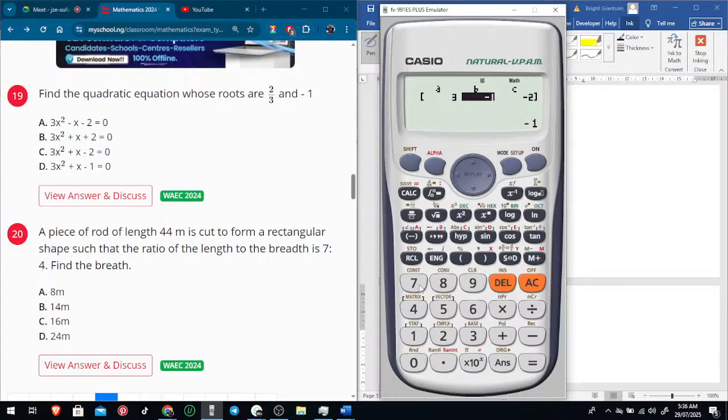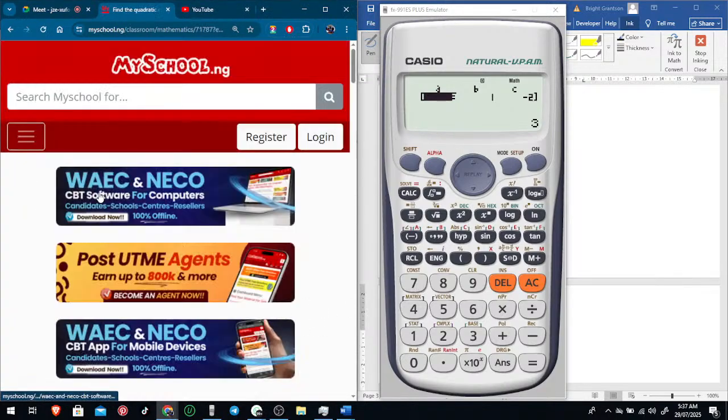Let's change the B to +1, and the C to +2. We are getting imaginary complex values. Let's change the last one to -2. Now we are getting the answers. So it's option C. Do you get it? Yes, sir. Very good. Let's go look at the answers.